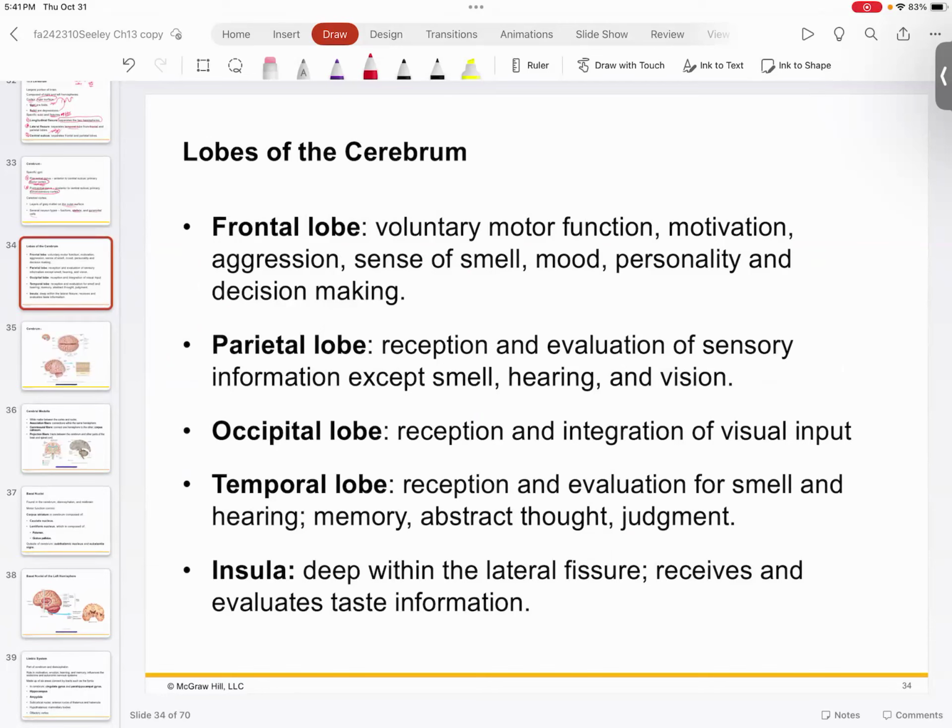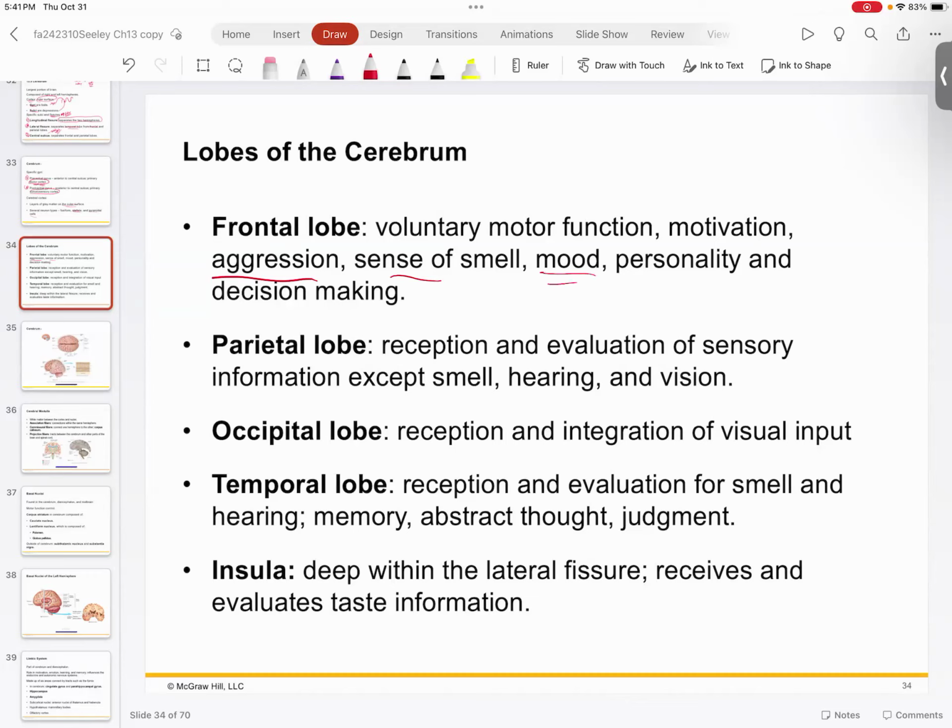Some of the main lobes we have are certainly the frontal lobe, which is the region just underneath the frontal bone of your skull. Because it's anterior to the central sulcus, where your precentral gyrus is, it's involved in voluntary motor function and aggression. The sense of smell is here because that's where your olfactory bulb is.